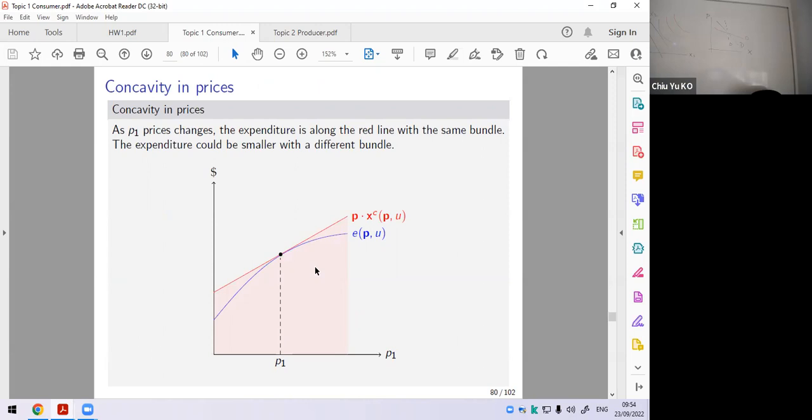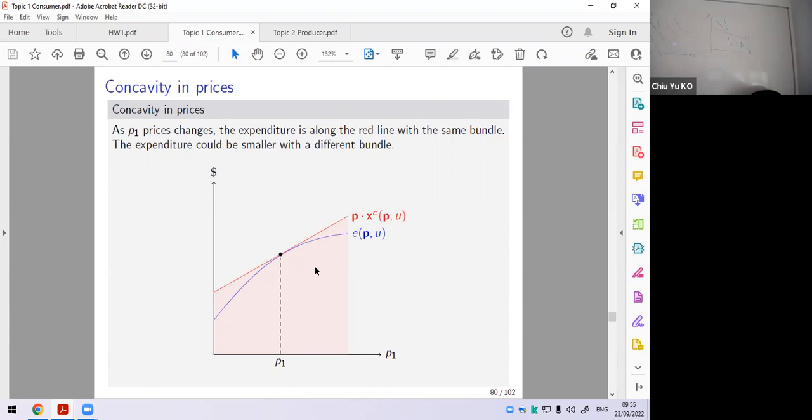Assume this axis is money, this is a price. I try to argue that expenditure is concave in price. The reason is, look at a certain price level. The optimal point is here. By changing the price while keeping the same bundle, this is the money you are going to spend.